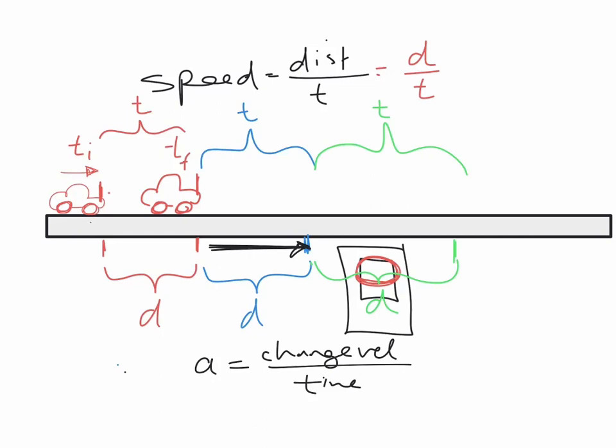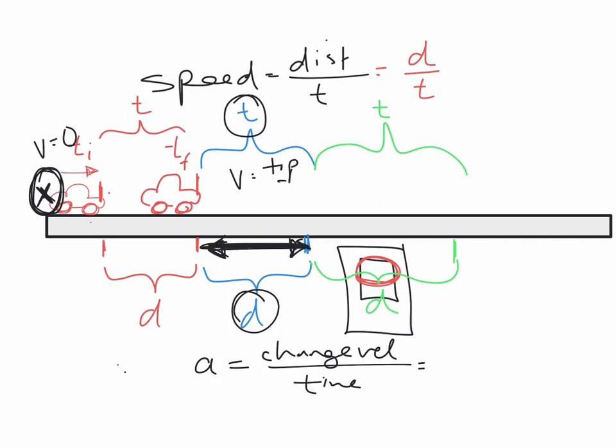Now, thinking about this scenario, if your car was released from rest at the beginning over here of your track, and then it moves into this location where you calculated the speed using distance and time, then its change in velocity has gone from this point where it had a velocity of 0 to this point here where the velocity equals your top speed. Okay, so the change in velocity is from 0 up to the top speed.